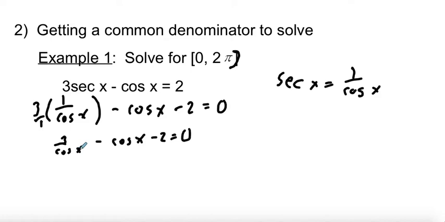It's too hard to work with cosine when it's down here in the denominator. So I'm going to go ahead now and multiply every single term in here by cosine x to get this cosine x off the bottom.